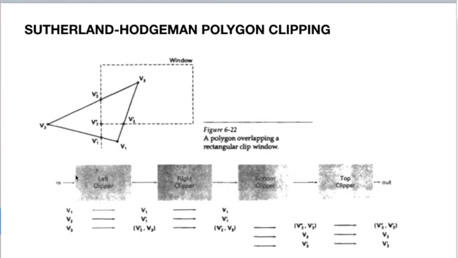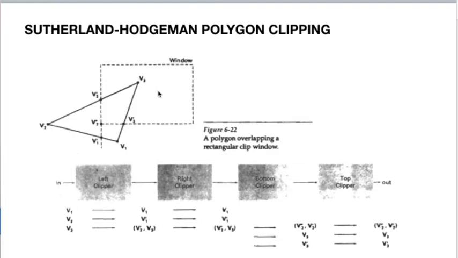Each vertex, whether it is v1, v2, v3, or the new vertices created by the intersection with the window boundary, has to pass through this pipeline.